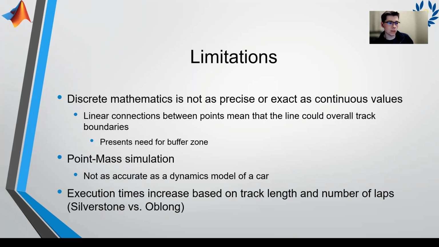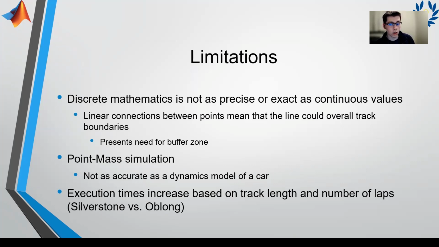Looking at the point mass simulation, it's a simplified point mass simulation based on kinematics, so of course it's not as accurate as dynamics. I touched on that earlier, but it is worth pointing out again. The other limitation is scalability. Looking at execution times between the example oblong track versus the Silverstone track, where oblong is maybe 150 meters long, Silverstone is a significantly longer course that has a significantly more complex geometry.